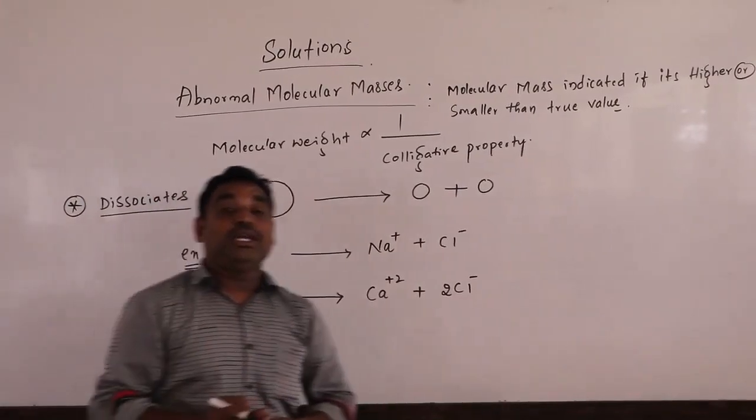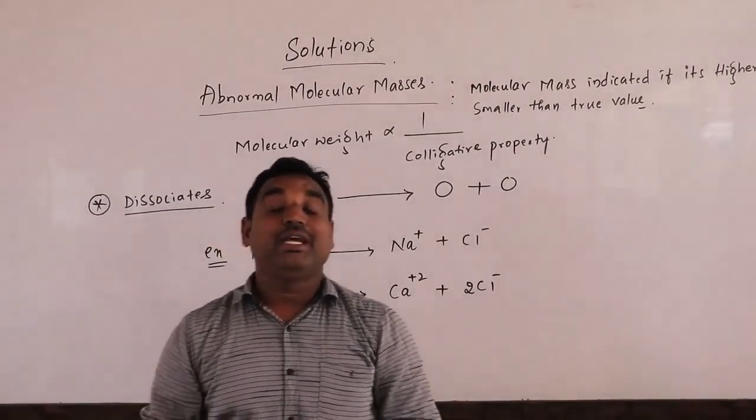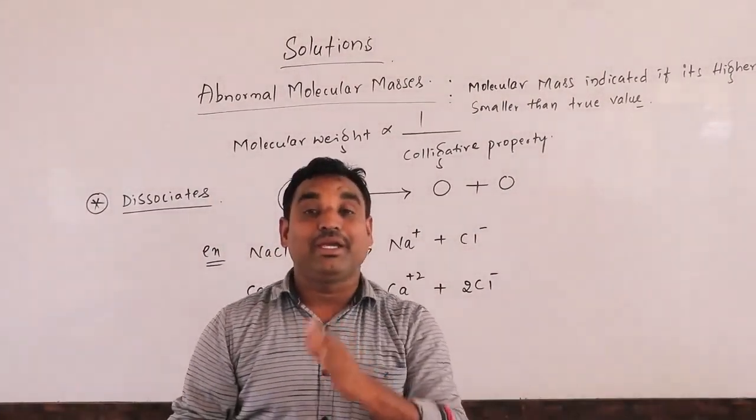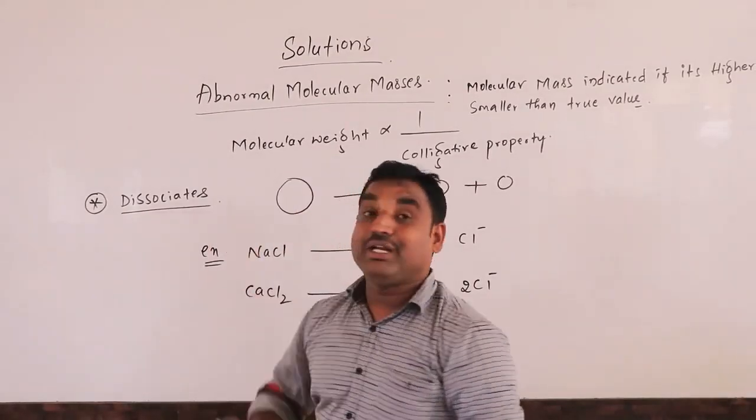If association and dissociation take place, we will get the abnormal molecular mass in some cases, for the reason we already discussed.